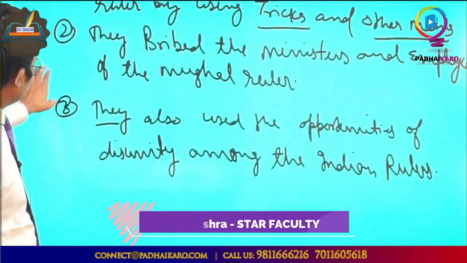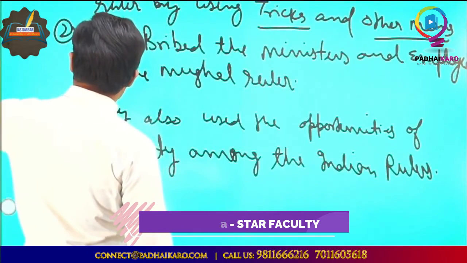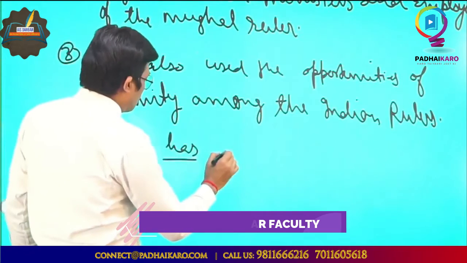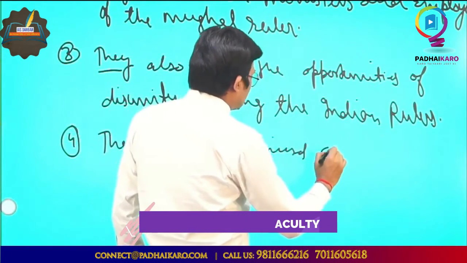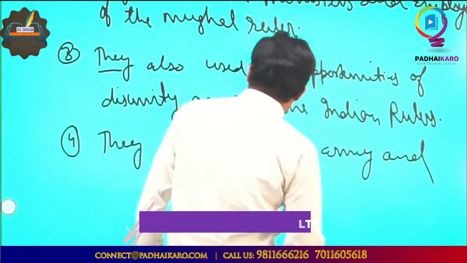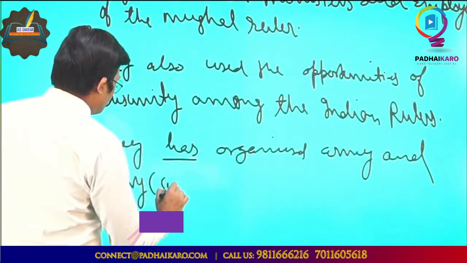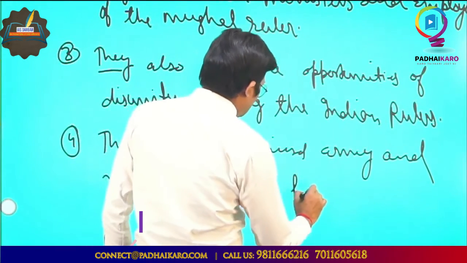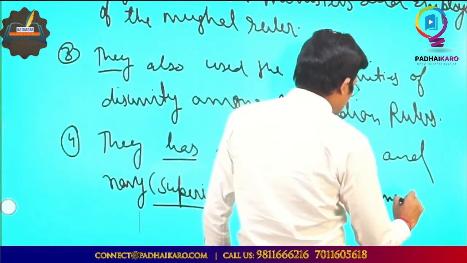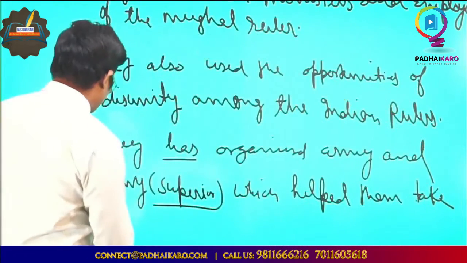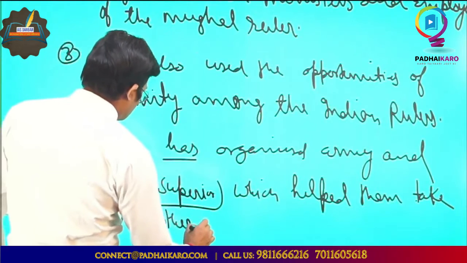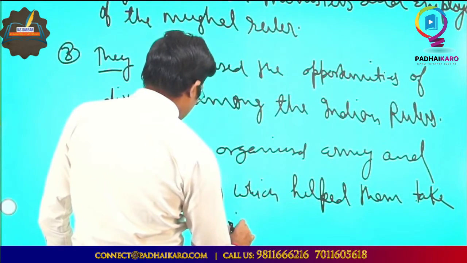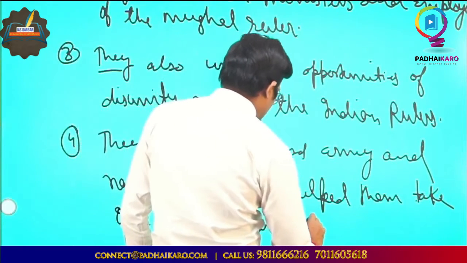Now, the fourth thing, they had an organized army and navy, that is a superior navy, which helped them take over other European rulers.